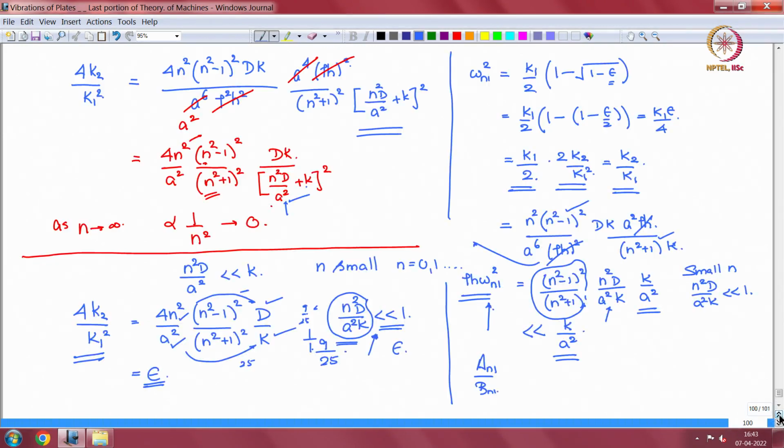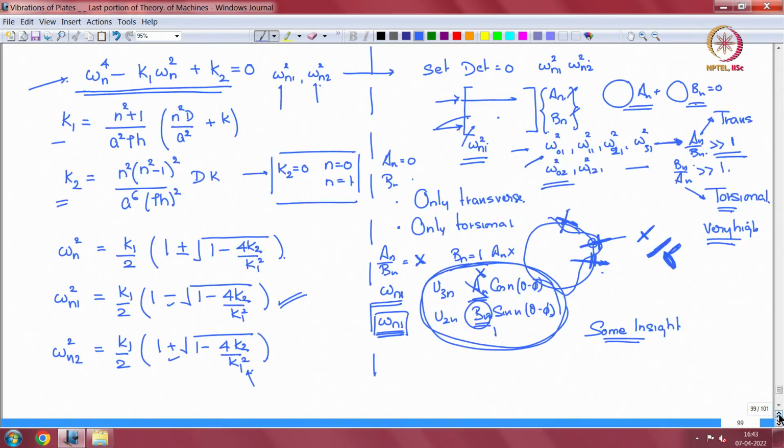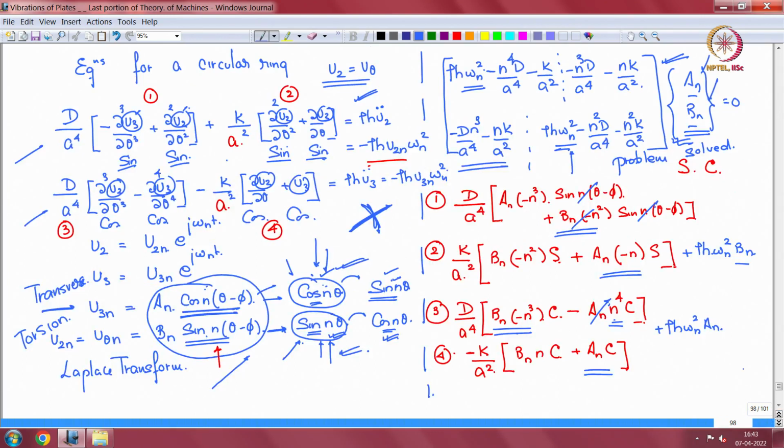If I take one of these equations, once a natural frequency has been substituted, this matrix is singular, so I can compute an by bn using one of these expressions, either this equation or that equation.